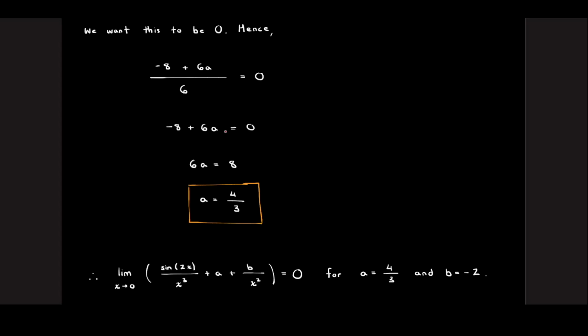You get minus 8 plus 6a. Bring the 8 over there, and you get 6a is equal to 8. Now you can divide both sides by 8 and reduce the fraction to 4/3. Therefore, we see that for the choices a equals 4/3 and b equals negative 2, this limit will exist and it will equal 0. Very, very nice.